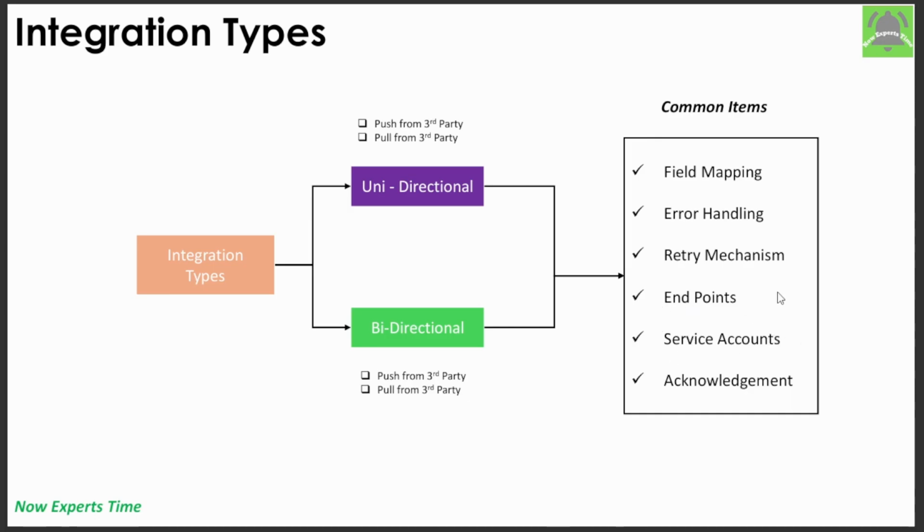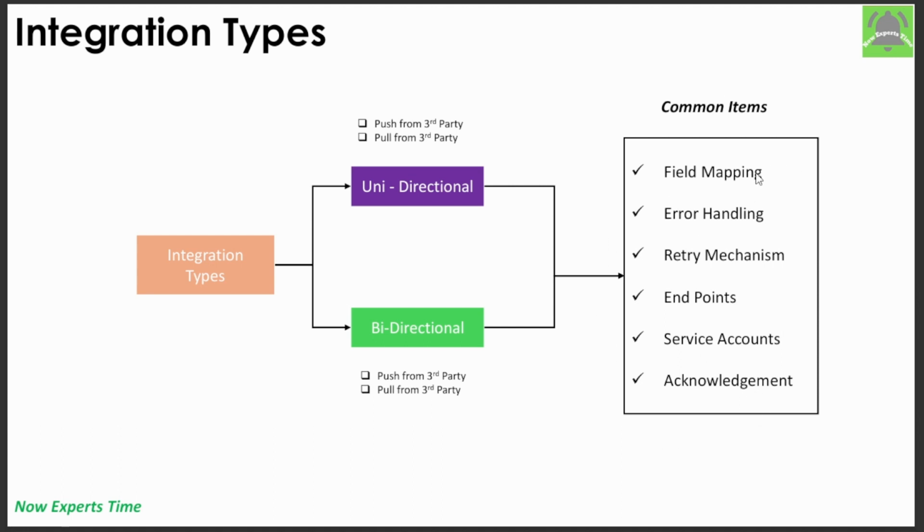Once these two are done, then go to the field mapping. This field mapping supports handling your data mapping: priority to priority mapping, description to description mapping, short description to short description mapping. Those types of items we talk about in field mapping. Next thing is acknowledgement.